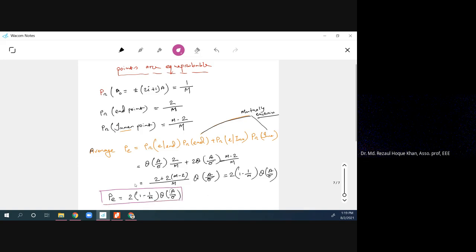A was the square root of 3 Es, the symbol energy, over m squared minus 1. So we find the average probability. Now we will replace this A value here.